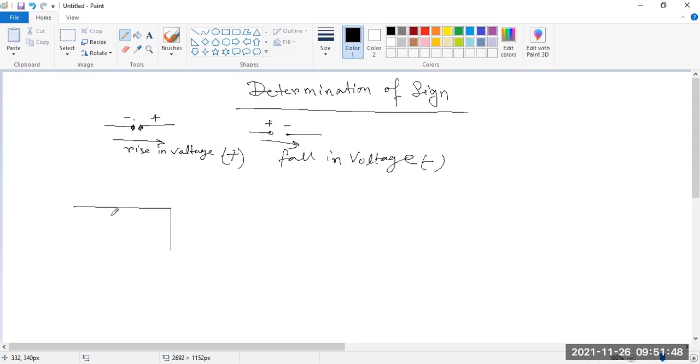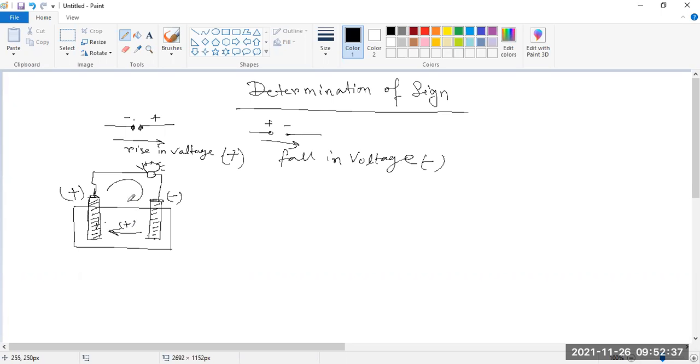Say in this battery, what happens? Look, inside this battery it goes from negative to positive, so if you count, it is positive.